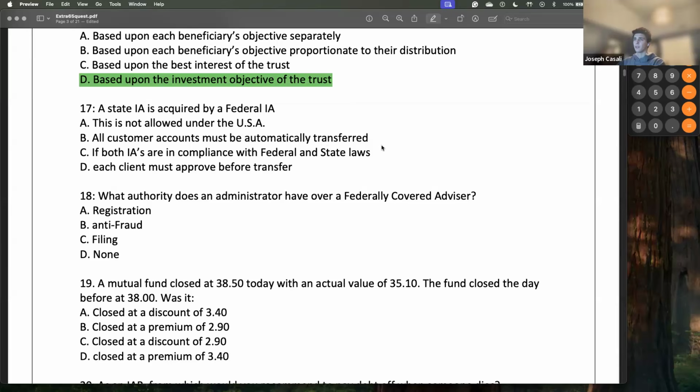So I don't think it's A. You're correct, it is allowed. You can get this right with a test-taking trick, reductio ad absurdum, the redux of the ridiculous. What does the world look like if IAs can't acquire other IAs? That's just ridiculous. So A is not the answer.